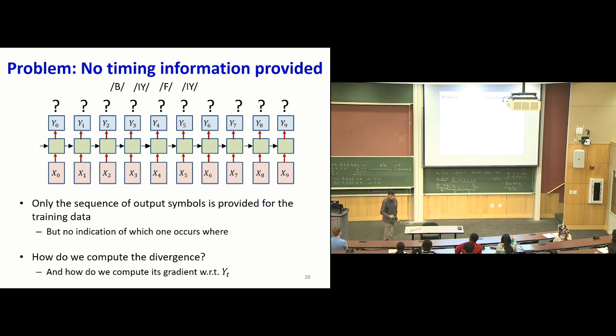That information is going to be missing. So in this case, how do you compute the divergence, right? Can anybody give me a solution as to how? I know that if somebody were to give me the exact times for every symbol, then I can compute a divergence. This we've solved, right?